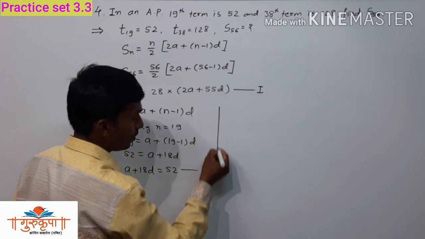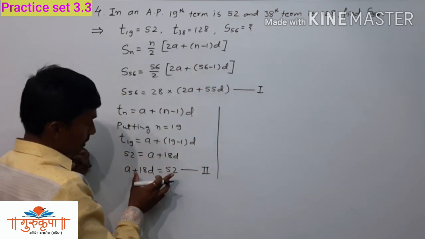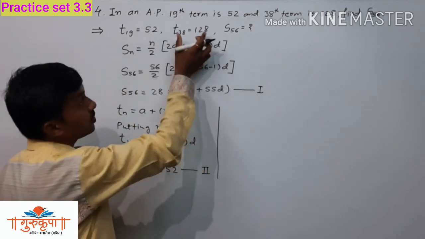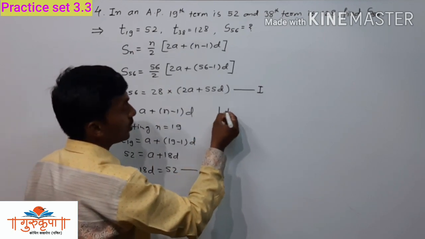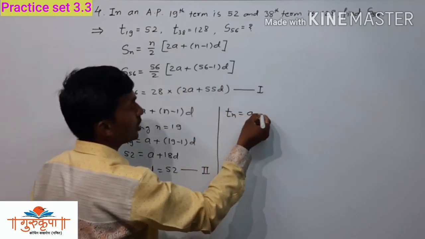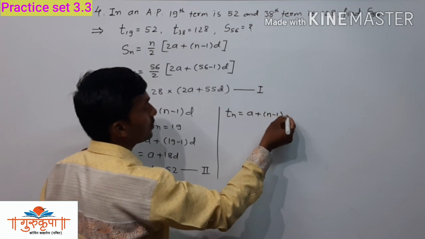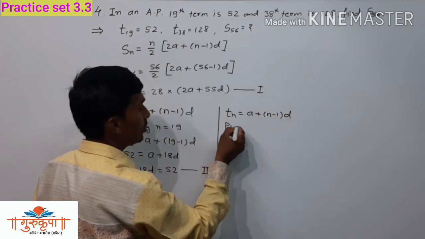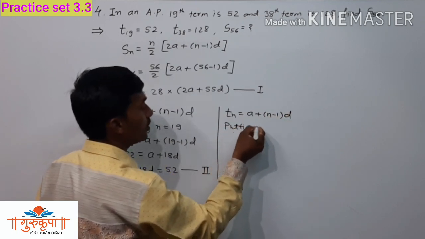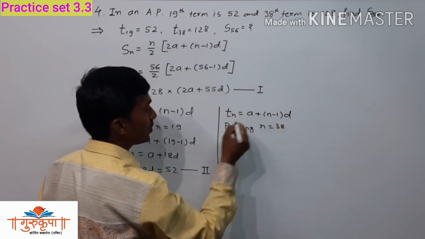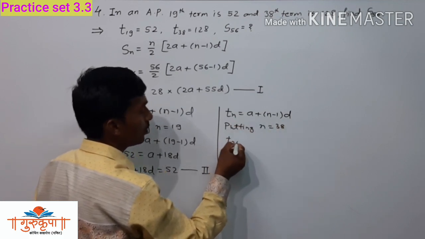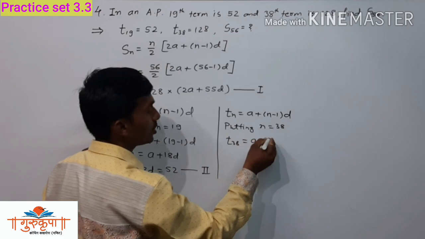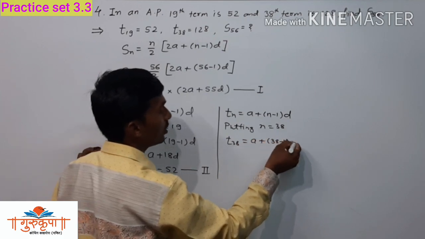Now we will get one more linear equation from the term number 38. So again we will put the formula here. Tn is equal to a plus n minus 1 into d. Now putting n is equal to 38, since we know the 38th term, T38 is equal to a plus 38 minus 1 into d.